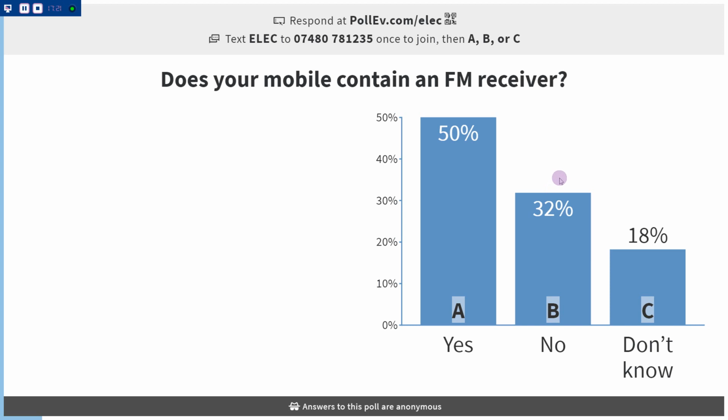All other phones, you need to check. Do you have an FM receiver? Usually, you have a native app that comes built in on your phone, and if you run it, it asks you to plug in the headphones. So, most of you here do have an FM radio, okay?